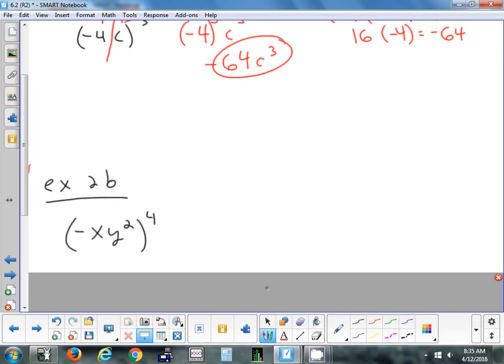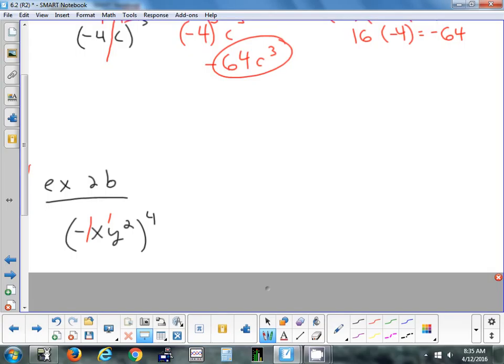If you want to separate it, what I would do is this. All right, I have a negative here, right? That means I'm going to put a 1 there. I'm going to put a 1 also with my x, because that helps me to know what I'm going to do. All right?